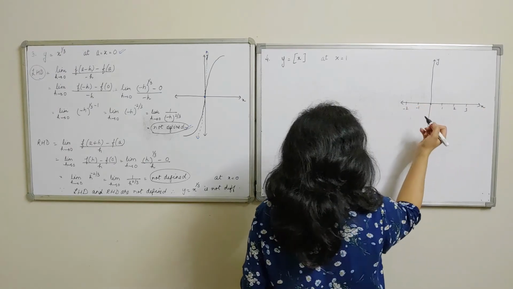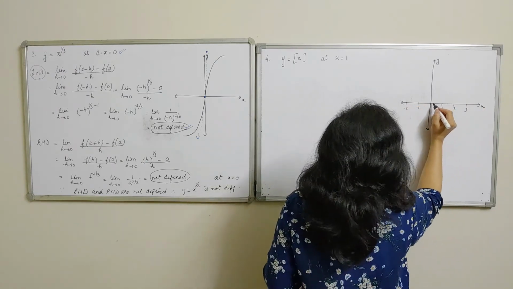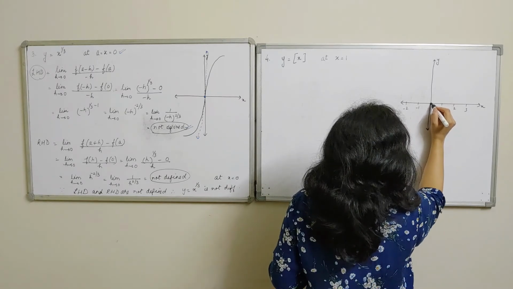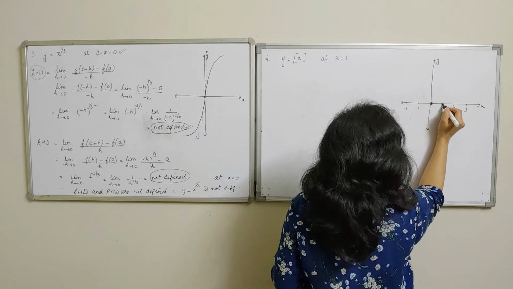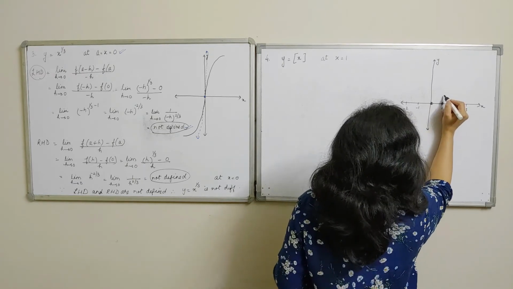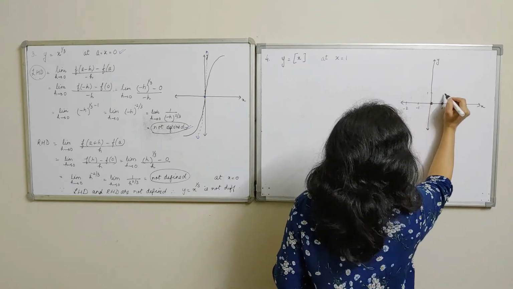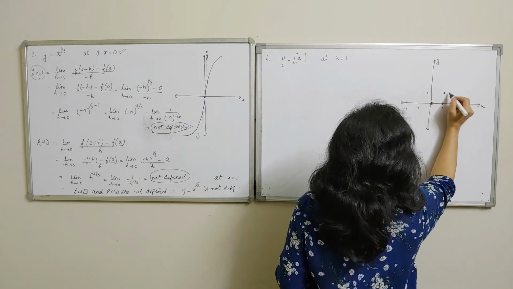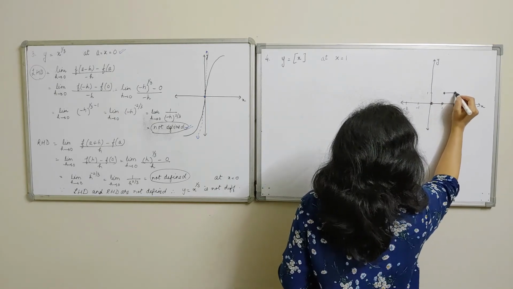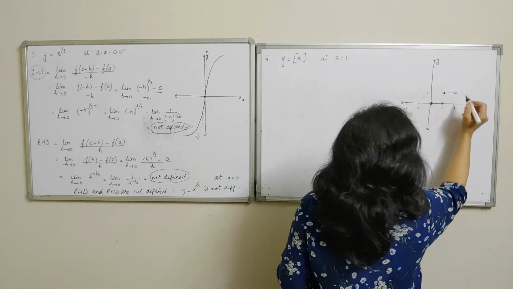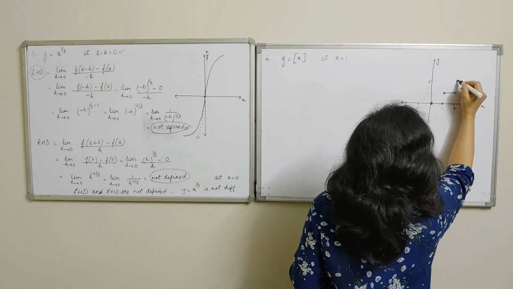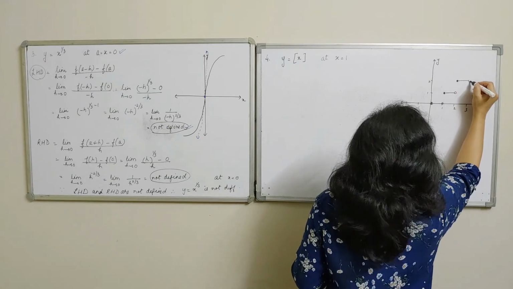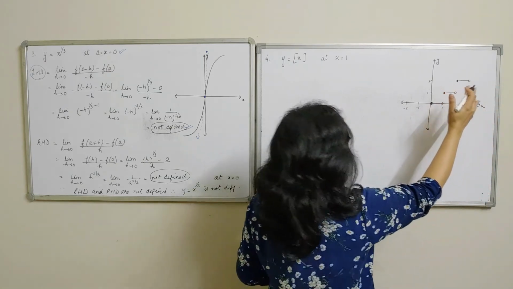If we plot the graph, from 0 to 1 the graph would be somewhat like this, 0 included, this is not included. From 1 to 2 the value is equal to 1, so the graph would be like this, and at 2 the value is 2, so it is like this, a step shape.